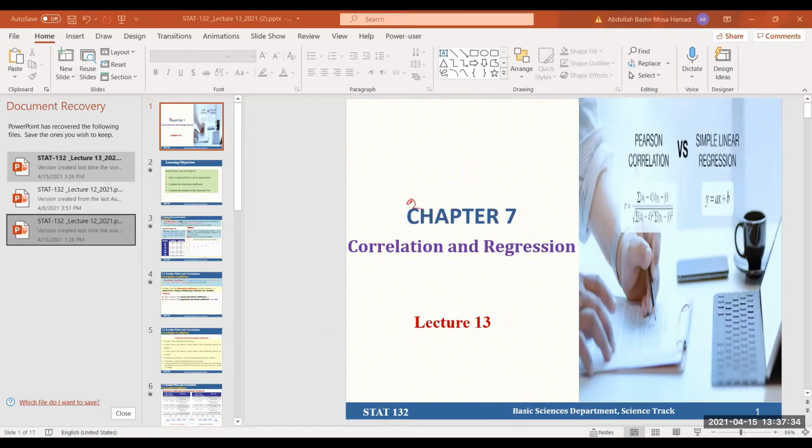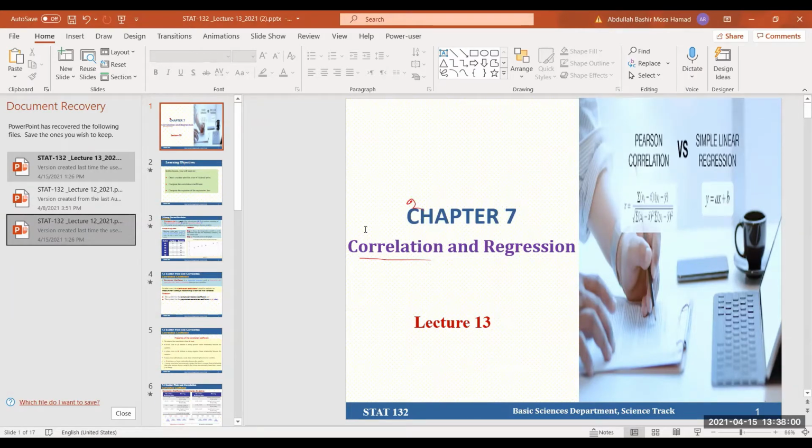First, check whether a relation exists or not by using correlation. This first part about correlation discusses whether a relation exists between two variables. These variables should be quantitative variables, continuous or might be discrete.